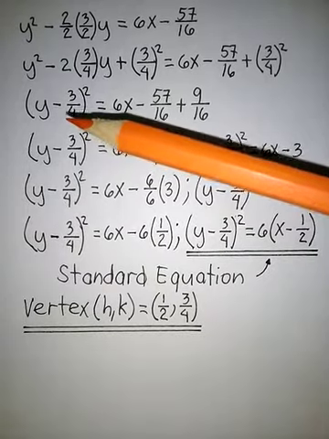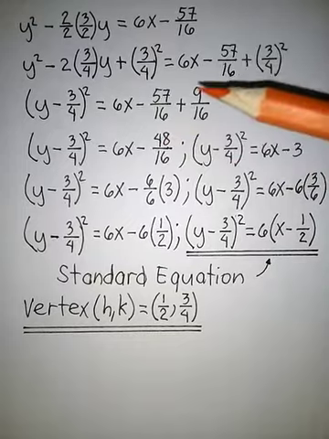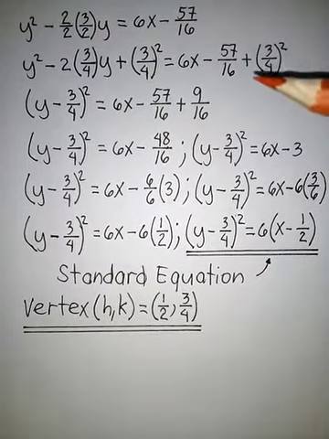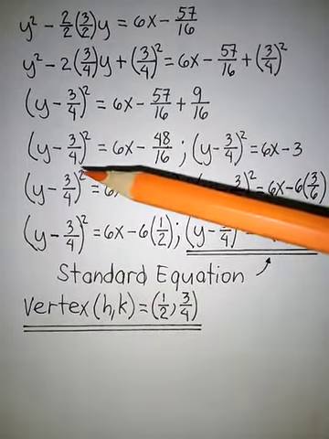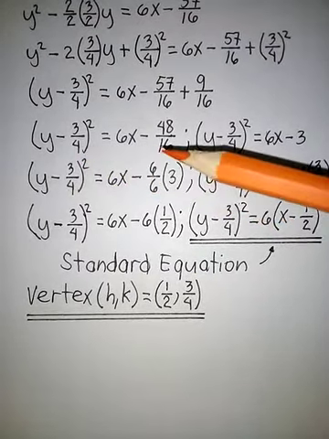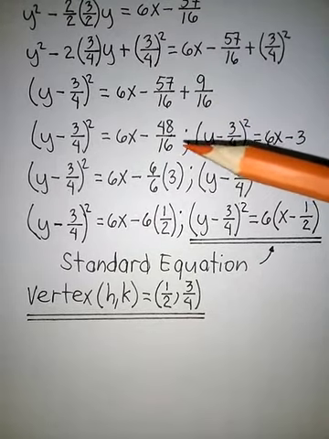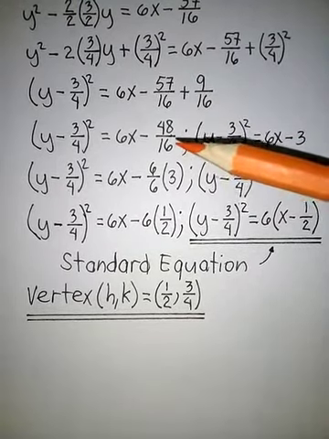So, we will have y minus 3 fourths quantity squared is equal to 6x minus 57 over 16 plus 9 over 16. So, we will now have quantity y minus 3 fourths quantity squared is equal to 6x, and then simplifying these constants, we will get negative 48 over 16.